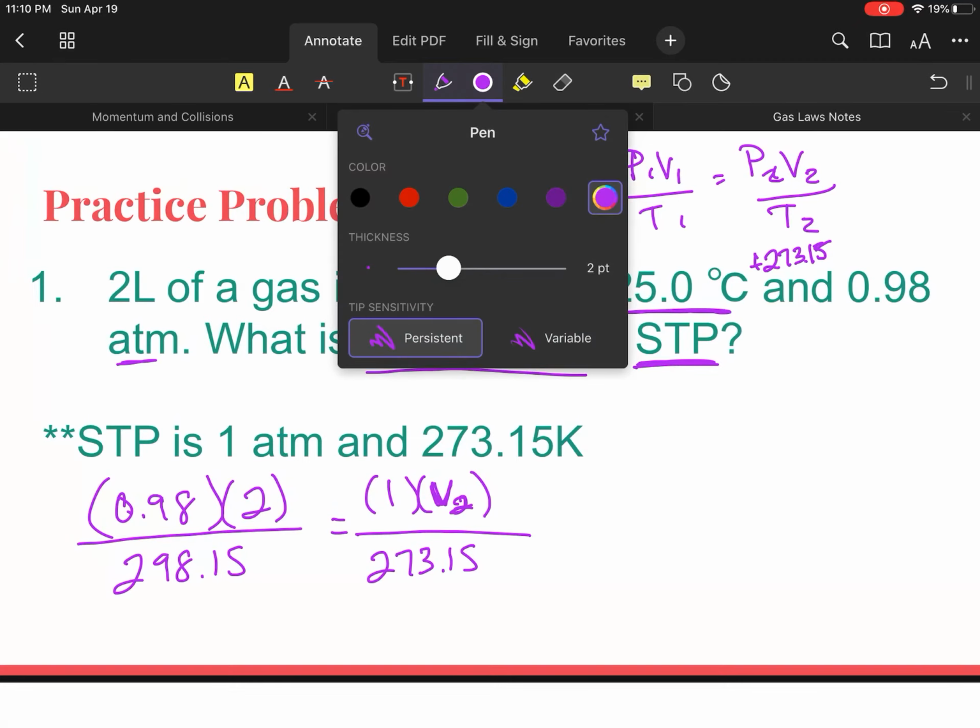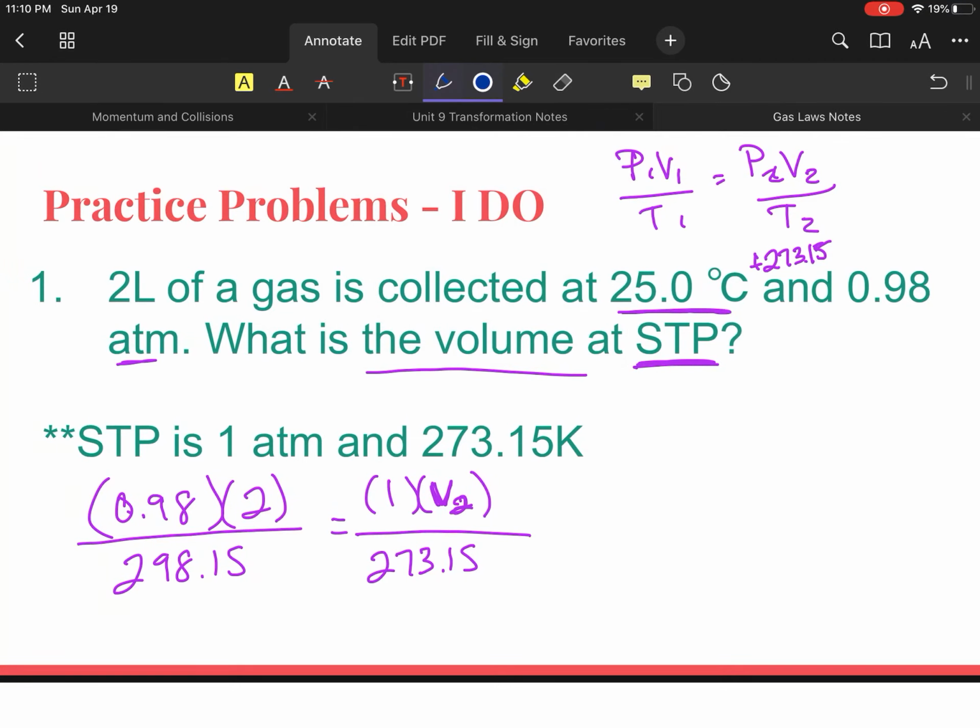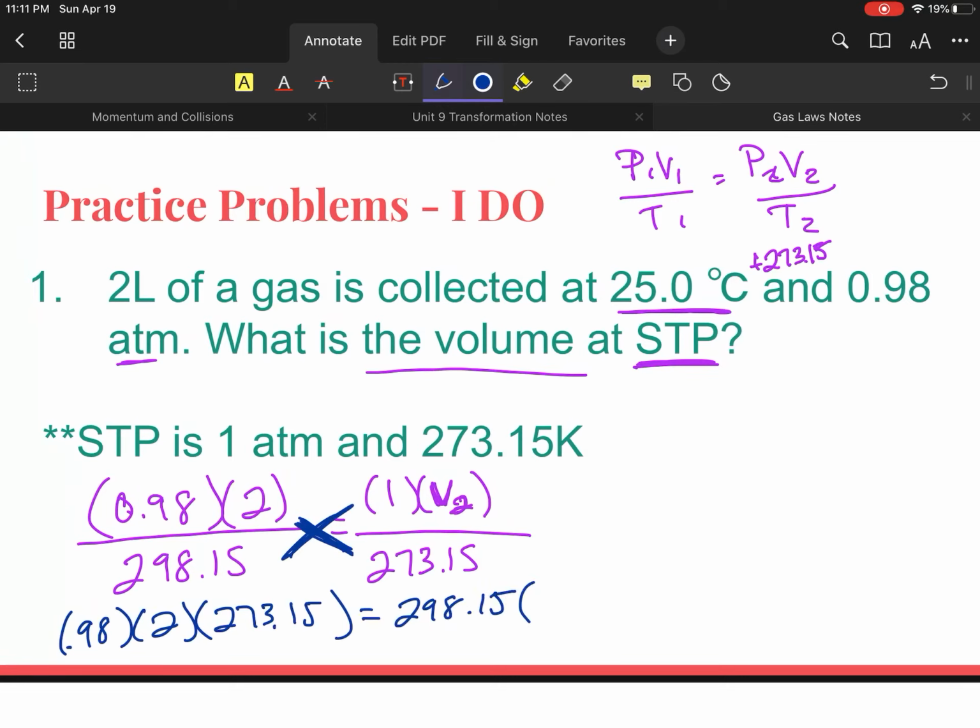Okay, so in order to solve for this V2 here, what we can do is just cross multiply. Okay, so if I cross here, I'm going to get 0.98 times 2 times 273.15. Okay, when I cross here, I get 298.15 times 1 times my V2, my unknown that I'm looking for.